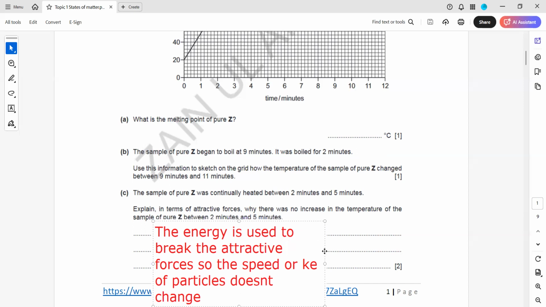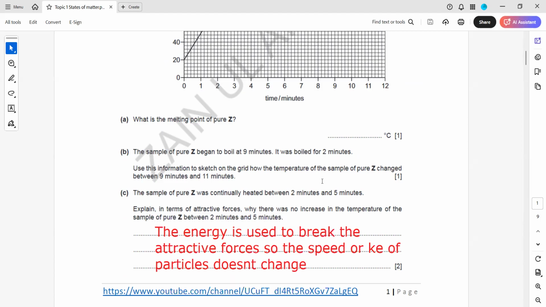But they said in terms of attractive forces. In terms of attractive forces, why the substance is changing state and why there's no increase in the temperature: the energy is used to break the intermolecular force, the particles move away, but the speed at which the particles are moving is not changing.